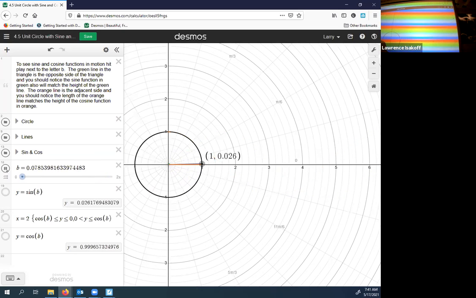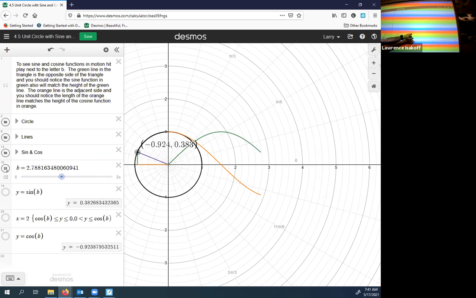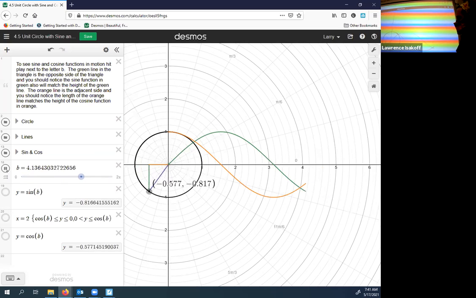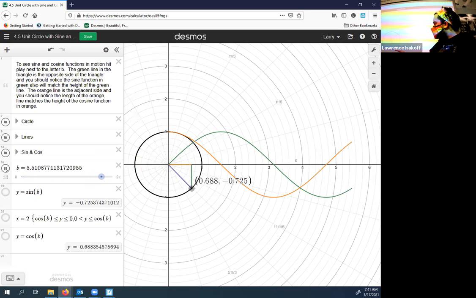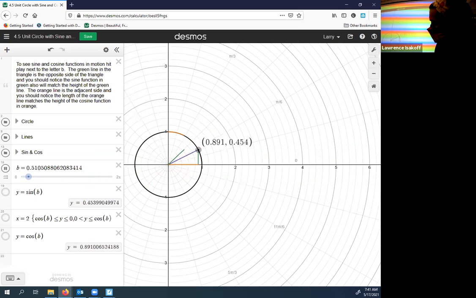The orange is our cosine curve. I'm going to let it go through again. If we look closely, the height of the green line is the same as the height of the green curve. We'll see that in action in a moment. And again, the width of the orange line is actually the height of the orange curve.